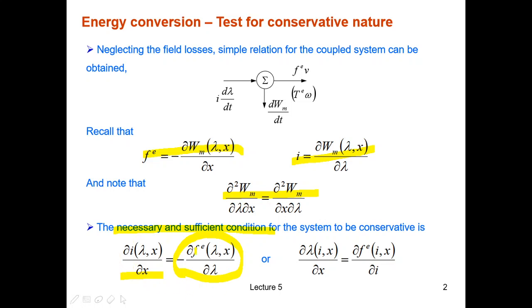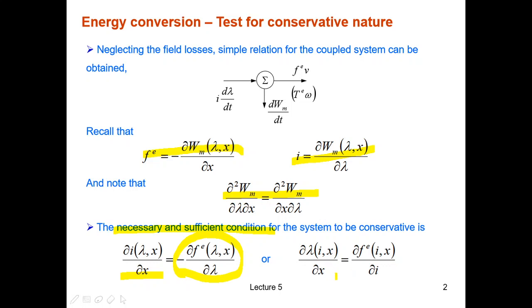Okay, or if we use the co-energy method, then we have Wm dash, and Fe will be dWm dash by dx, and lambda will be dWm dash by di. Okay, in that case we do the cross second derivative one more time.